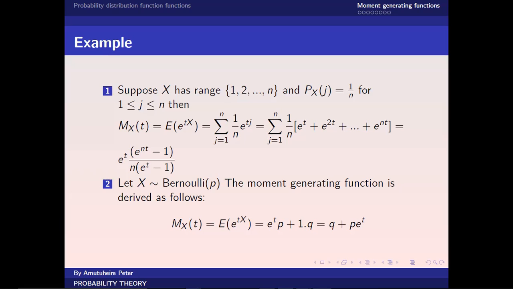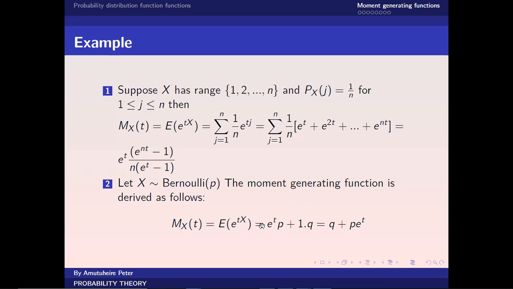Then the next one, the Bernoulli. You're saying it is e to the t p, so where do you get this p plus q?